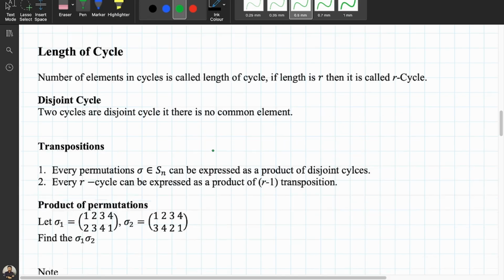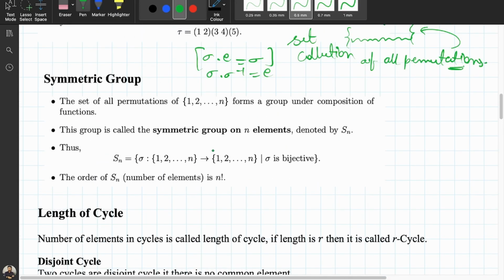So first of all, from here we can see what the symmetric group is. This particular group which is formed with these permutations is called a symmetric group. The set of all permutations of X, from 1 to n, forms a group under composition of functions, which is nothing but permutation multiplication.